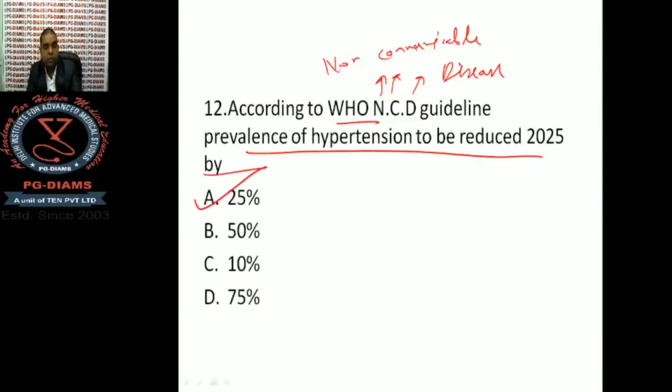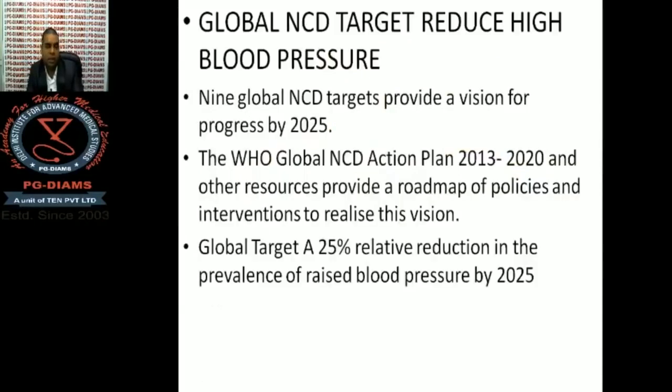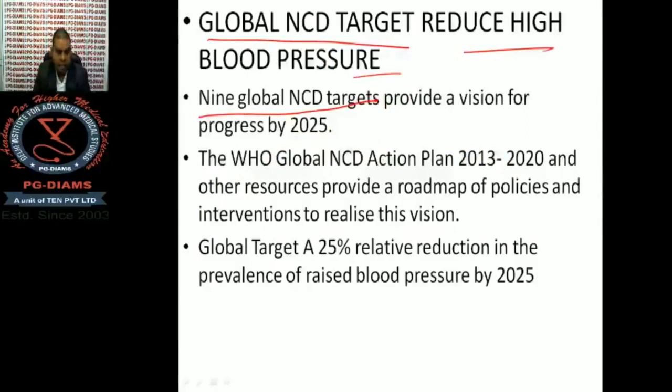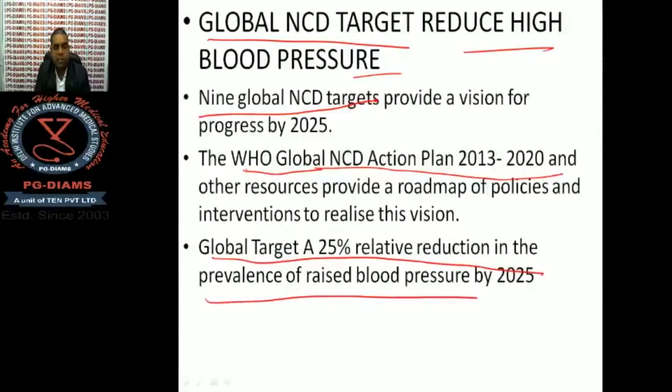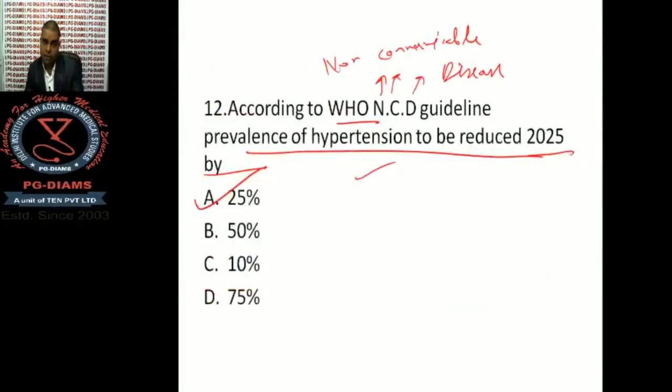We have to reduce prevalence of hypertension by 25% by 2025. This is the global NCD target to reduce high blood pressure. There was a total of 9 global NCD targets taken for the global NCD action plan, and in that, the target was a 25% relative reduction in prevalence of raised blood pressure by 2025. So the answer is 25%.